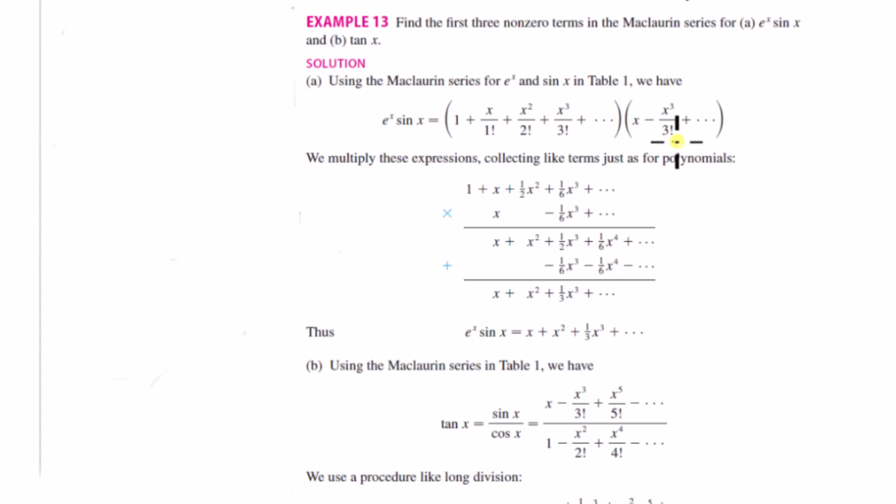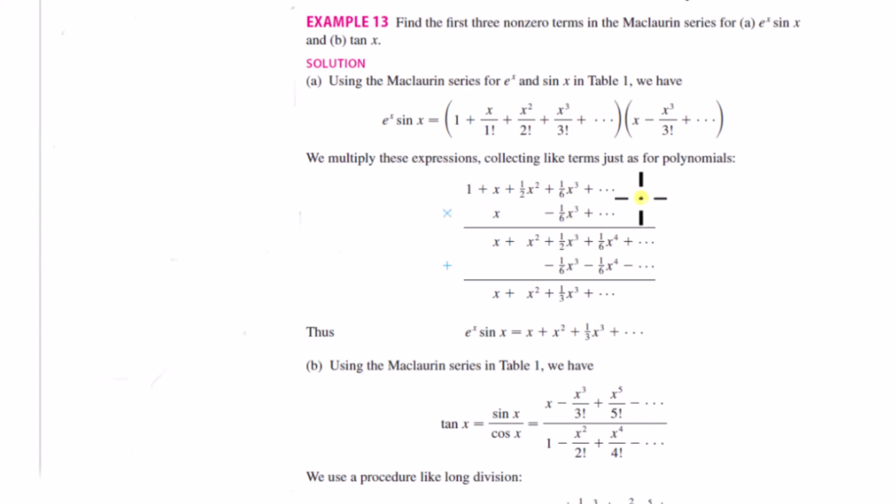Okay, but how do we mechanically apply this? I like the method that they show here. I think this is a really good method. They write out the first polynomial, that's e to the x: 1 plus x plus 1/2 x squared plus, since 3 factorial is 6, 1/6 x cubed plus and so on.